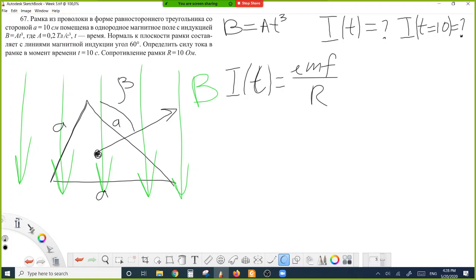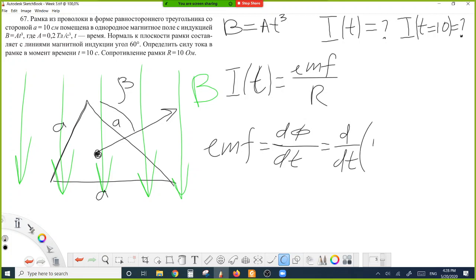Now we want to find electromotive force. Electromotive force is, again, I will write the absolute value without minus, d phi over dt, where phi is equal to B multiplied by S multiplied by cosine beta, and so d over dt.